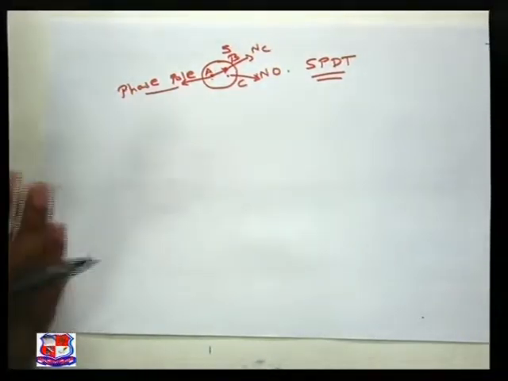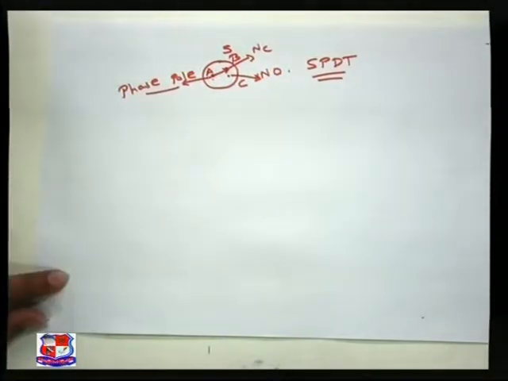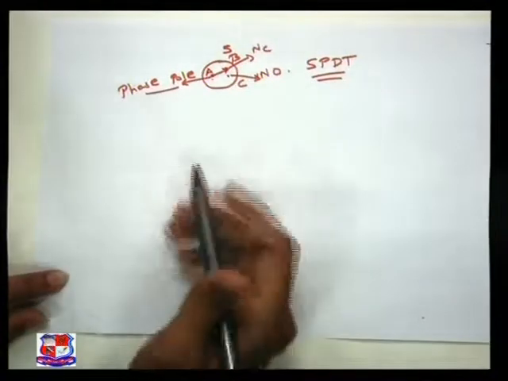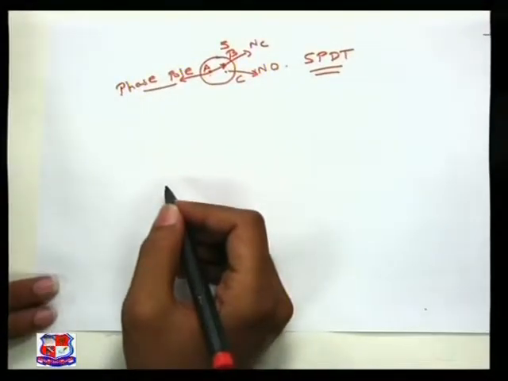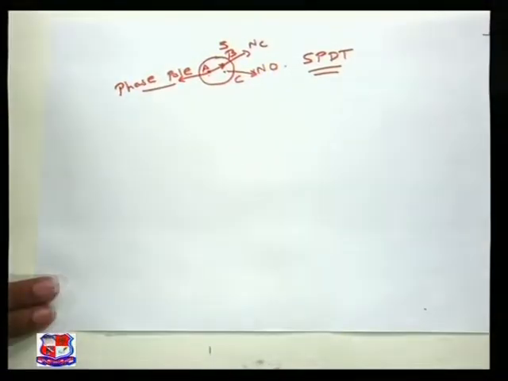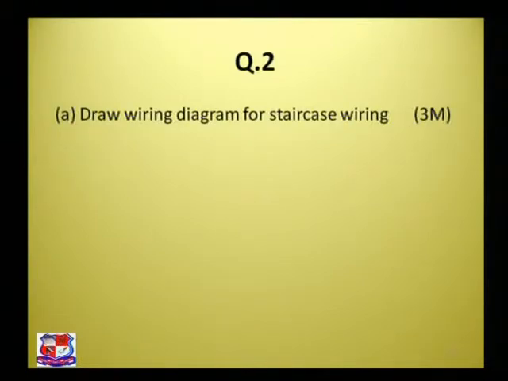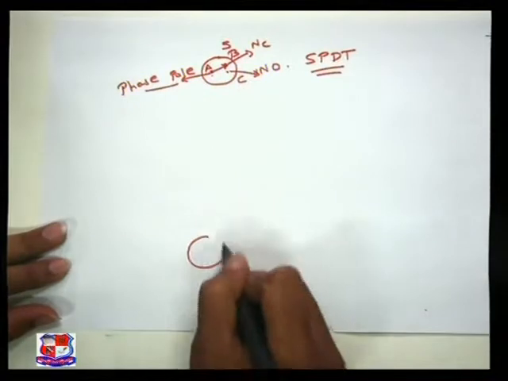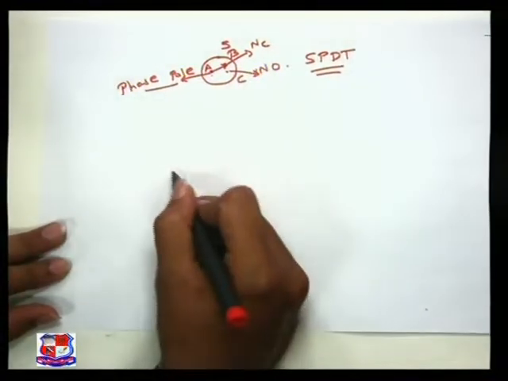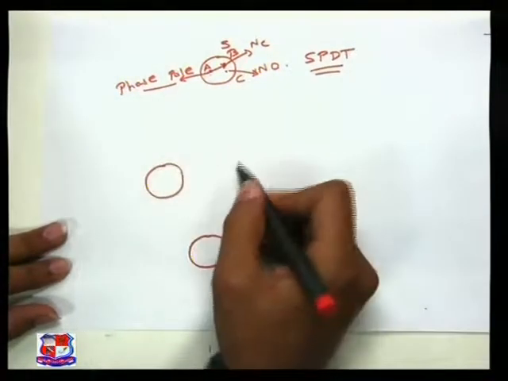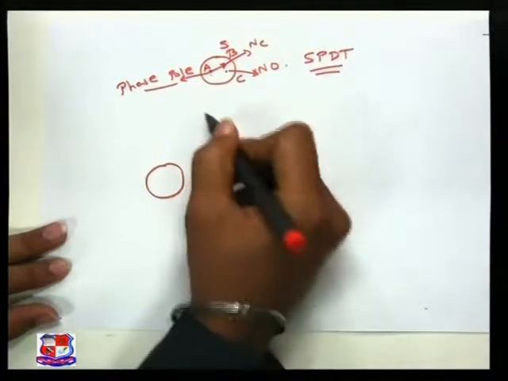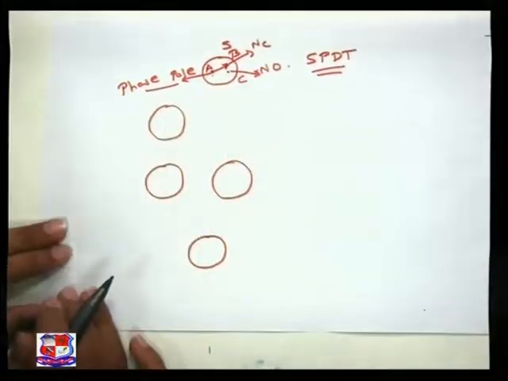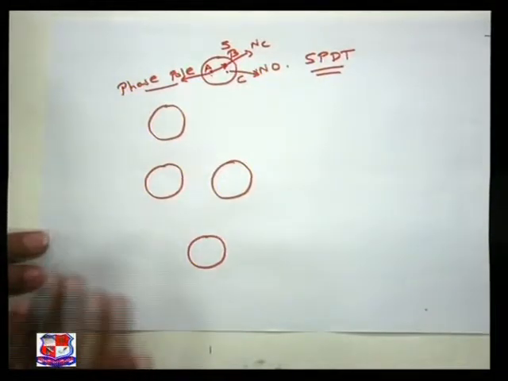So a question may be something like: draw the wiring diagram for staircase wiring. The better way is to use 2-way switches. So I will draw this diagram and explain the function of 2-way switches in staircase wiring. Right, what I have done is I have drawn 2-way switches.